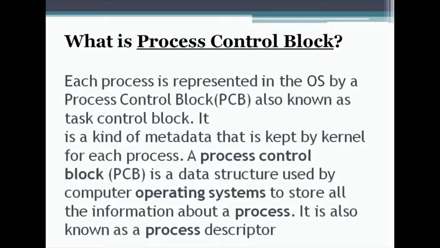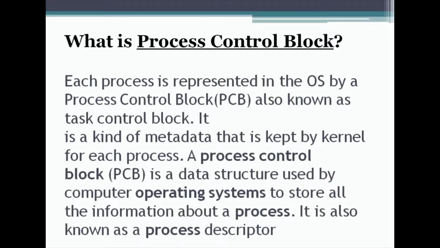It is called the task control block because it keeps track of the task a process is doing. So a process control block is a data structure used to store information about the process. That is what it is doing and what it is not. It is a kind of metadata that is kept by the kernel for each process.